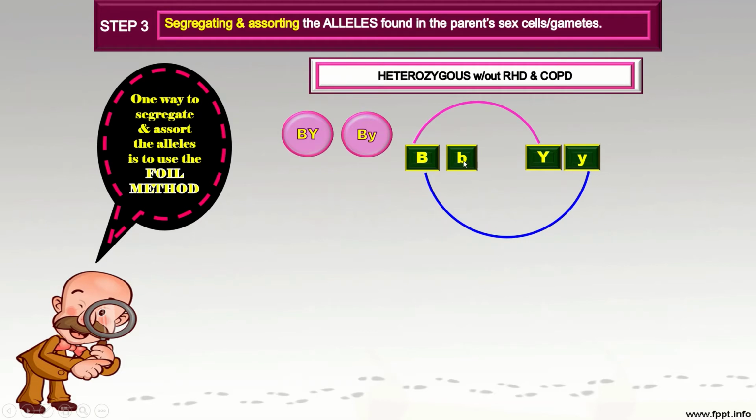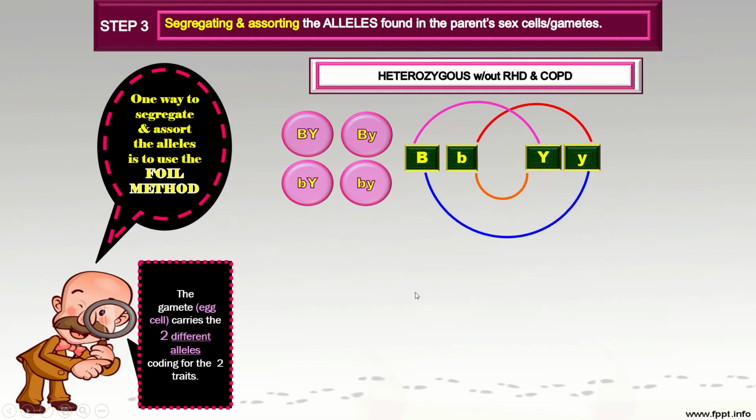Let's go for the inner. There is also a chance that this allele symbolizing with RHD pairs up with an allele symbolizing without COPD in the egg cell. And there's also a chance that this allele and this allele will pair up and they become the set of genes found in this egg cell.